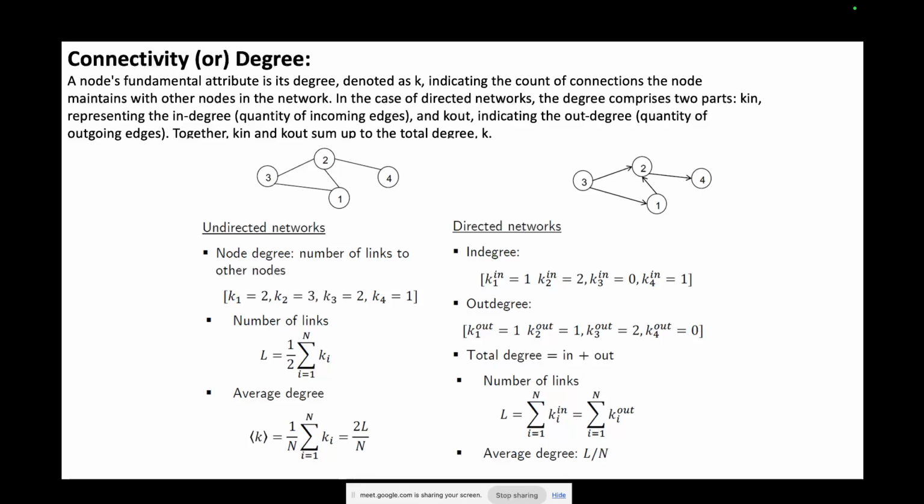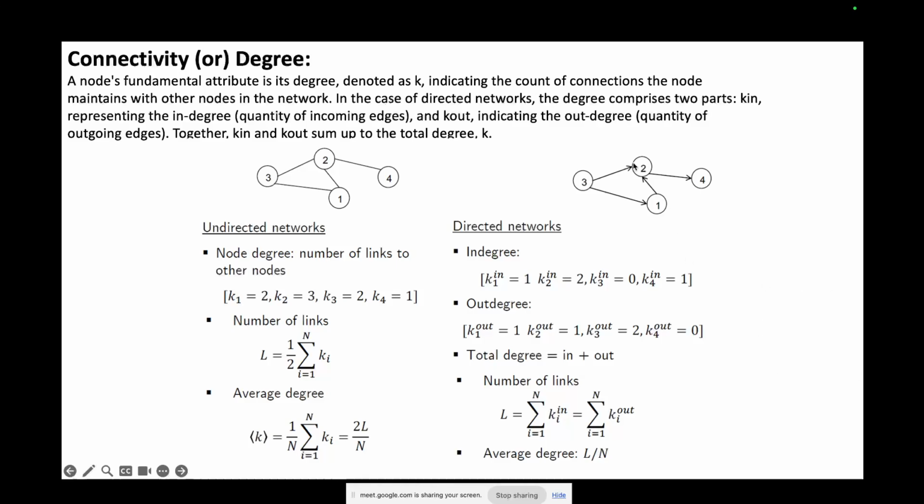In case of directed networks, the degree comprises two parts: k in, which is the in degree, and k out, which is the out degree. In degree in directed graphs is the number of edges coming towards the node.